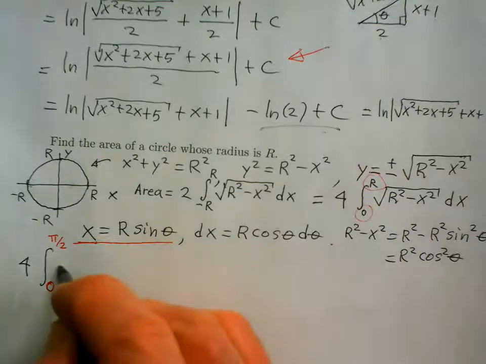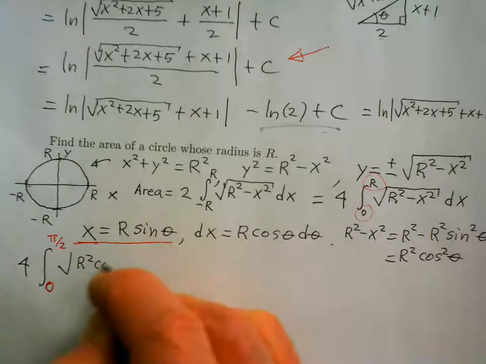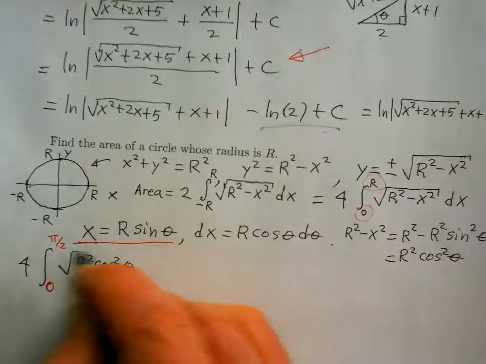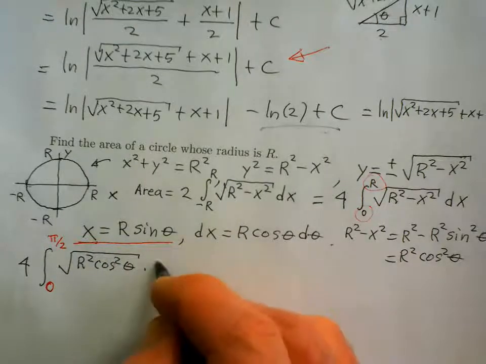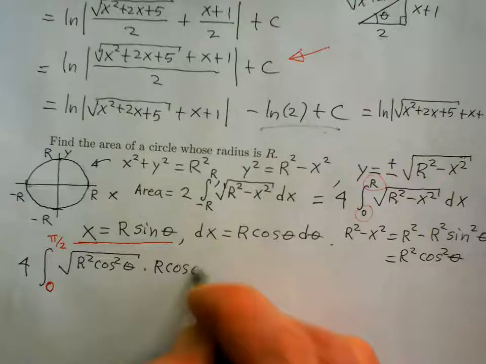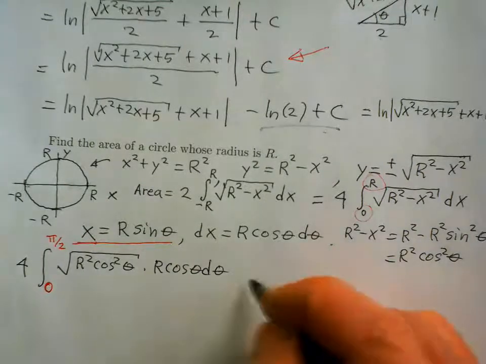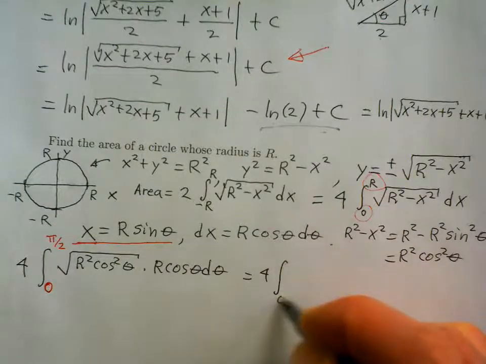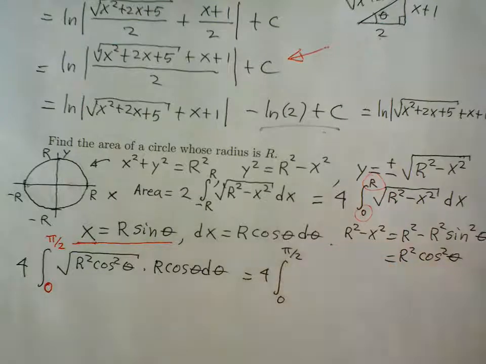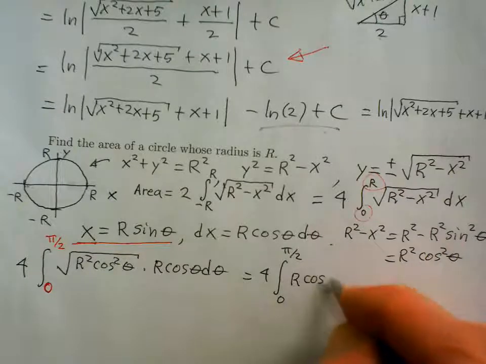Okay, so we have the square root of the quantity R squared times cosine of theta squared. And then dx is R times cosine of theta d theta. So 4 times the definite integral from 0 to pi over 2. The square root of R squared times cosine of theta squared is R times cosine of theta.